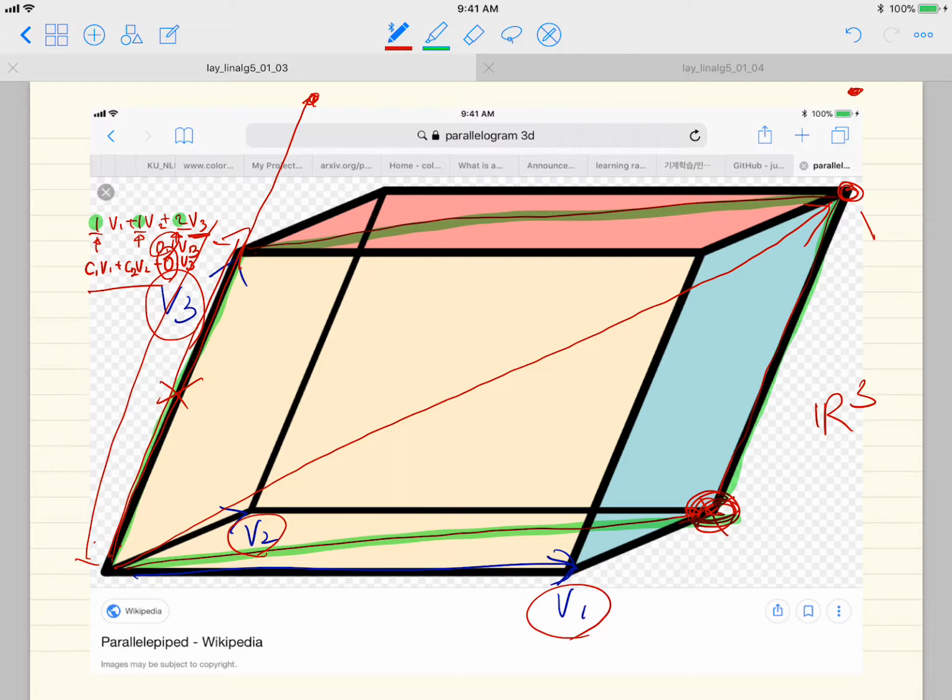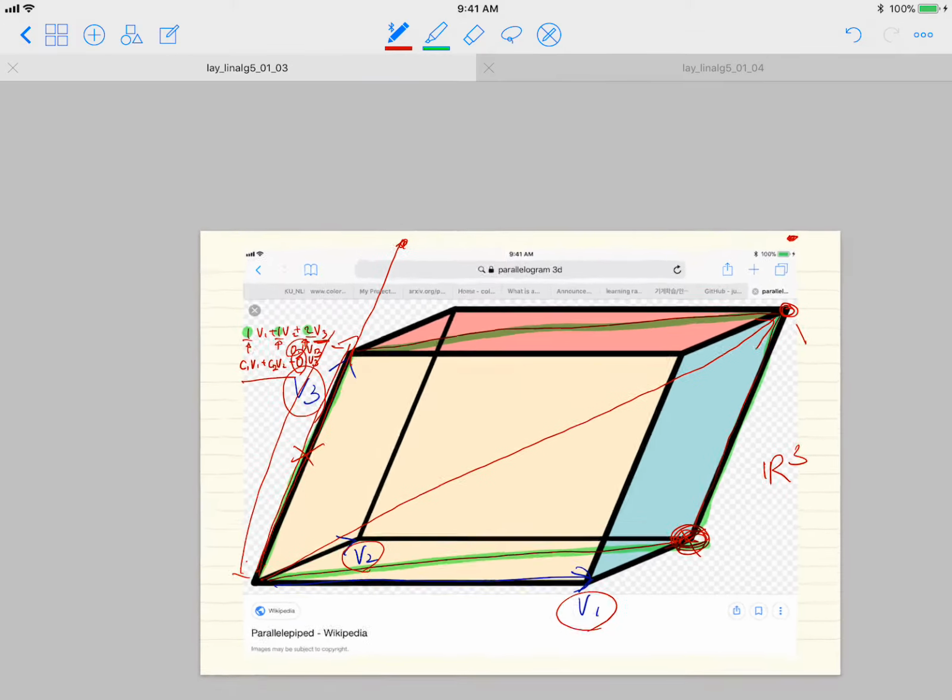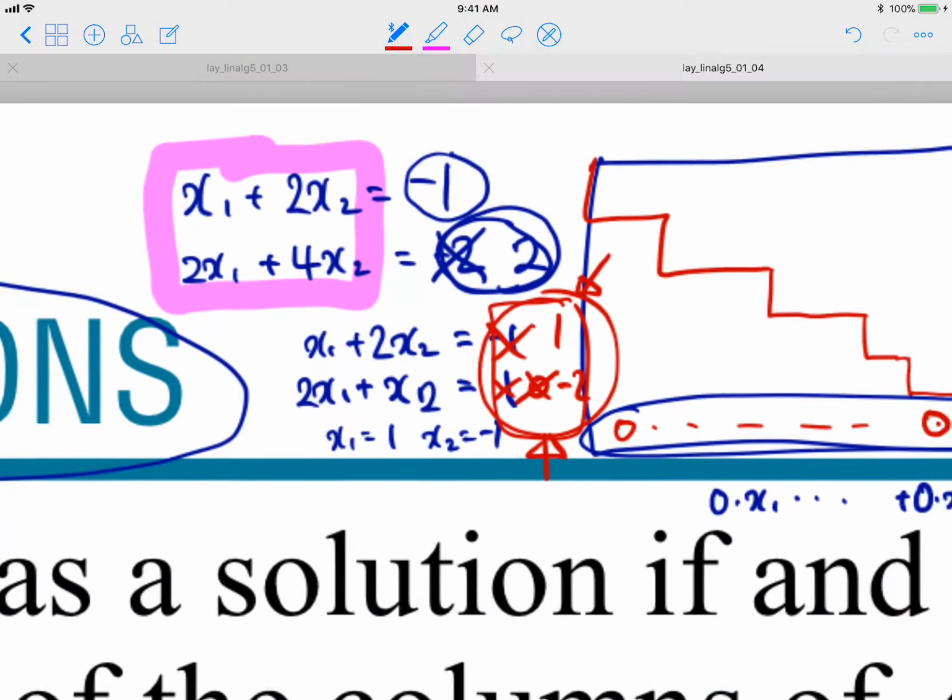In this case, is it possible that vector B on the right-hand side of our linear system can be outside the span of these three vectors? It is impossible, because our span is now the entire three-dimensional space. There is no way for vector B to escape from the span of these three vectors. This is when we can guarantee that we always have a solution, even before we see the vector B.